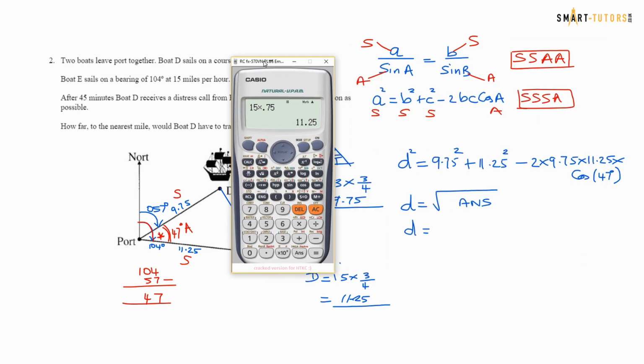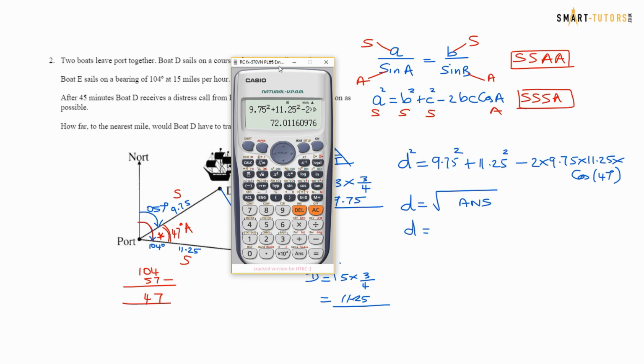Let me take the calculator. 9.75 squared plus 11.25 squared minus 2 times 9.75 times 11.25 times cosine 47, bracket close, and that gives the answer 72.